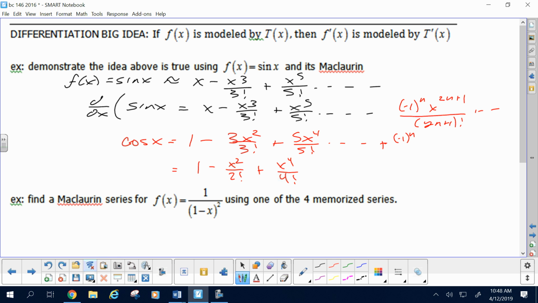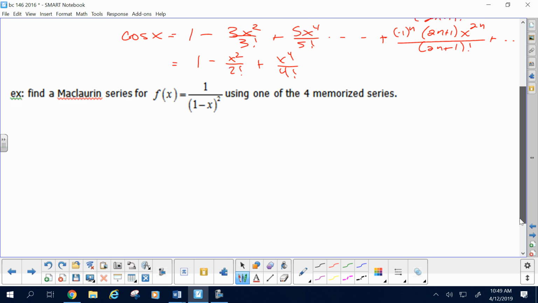By power rule, 2n plus 1 comes down, x to the 2n over 2n plus 1 factorial, but then the 2n plus 1 divides away, leaving you with 2n factorial. Isn't that cool?